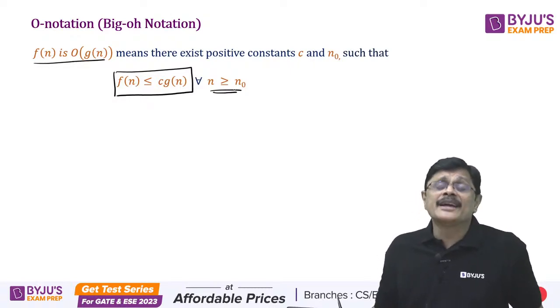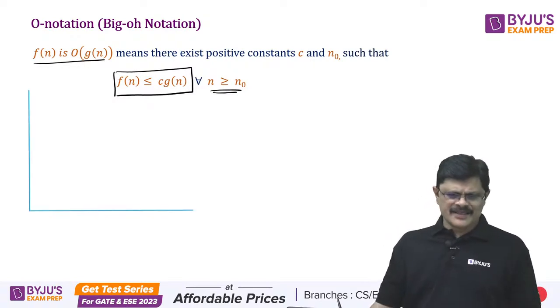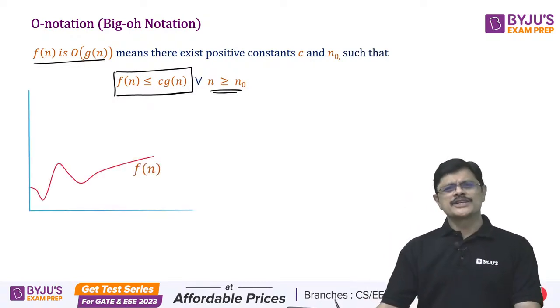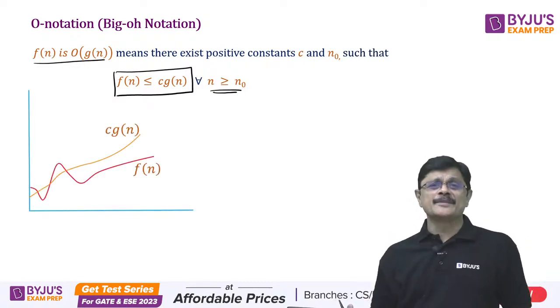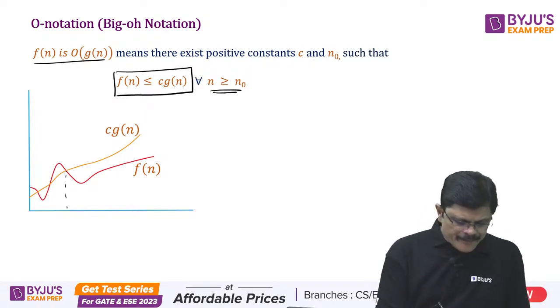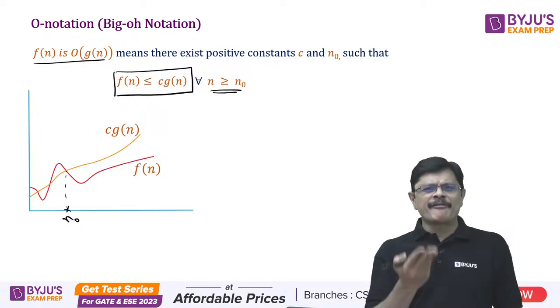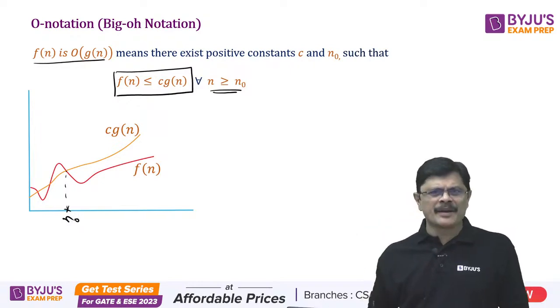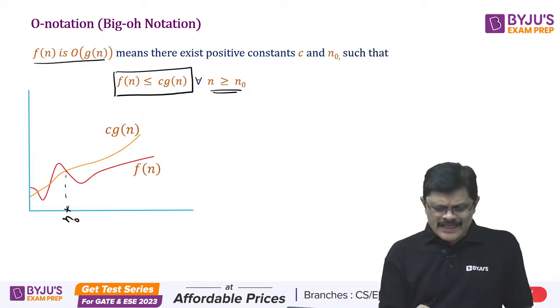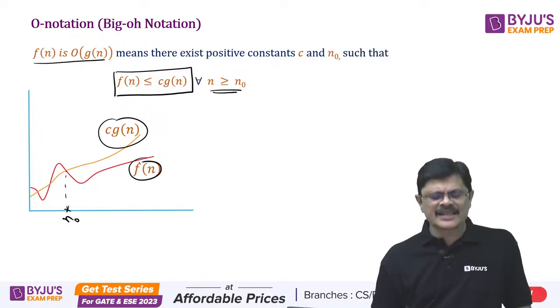Suppose this is your Fn, this is your C times Gn, and this is your N naught. Before N naught, sometimes F may be larger, sometimes C times Gn may be larger. But after N naught, C times Gn is always larger than Fn.